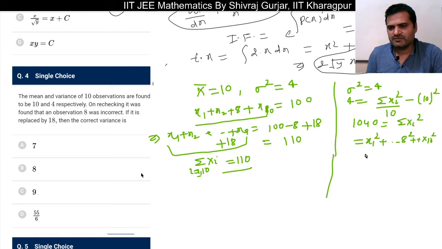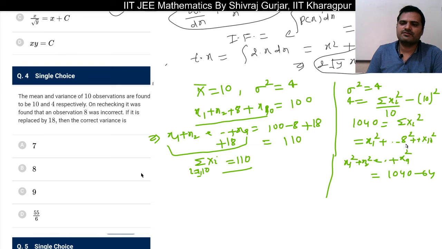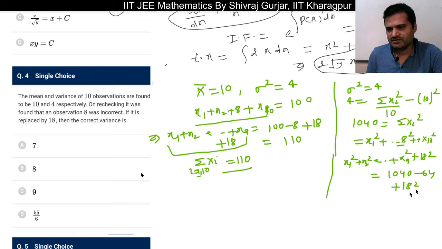So this can further be written as x1 square plus x2 square plus, let us say, up to x9 square, that is equal to 1040 minus 64. Okay, we have taken this 8 square out, but in its place it is 18 square, so let us add 18 square here. 18 square is 324.